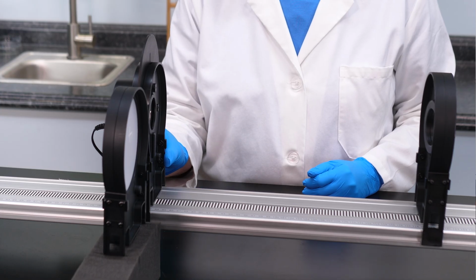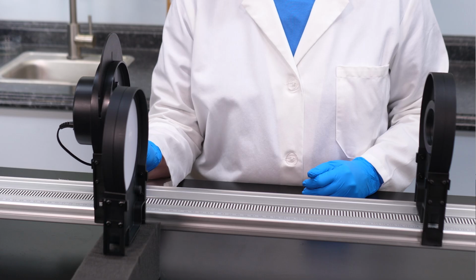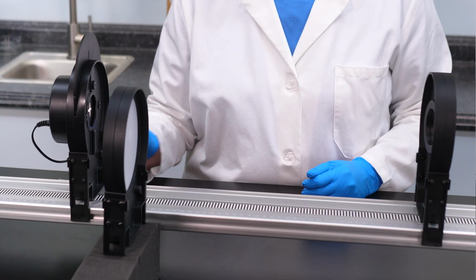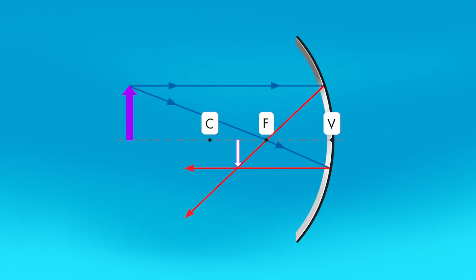Next, we move the object beyond the center of curvature to the 72.5 centimeter mark on the optical bench. According to our ray diagram, an object placed beyond the center of curvature should produce an image that is real, inverted, and smaller than the object.